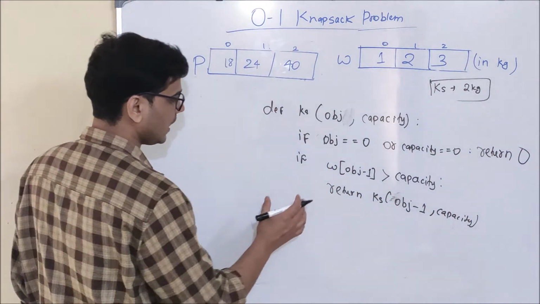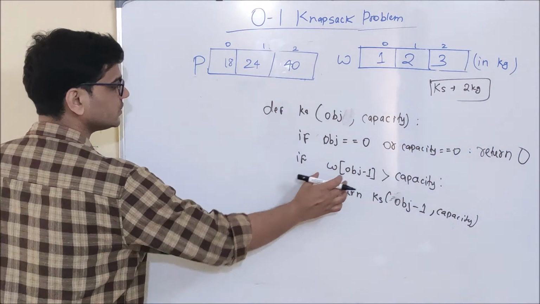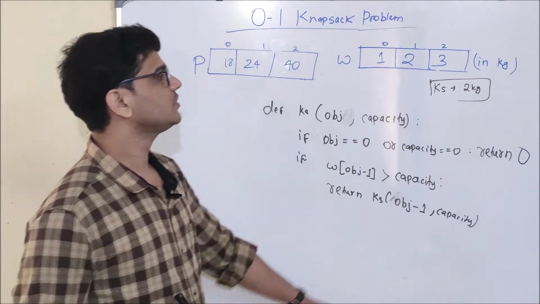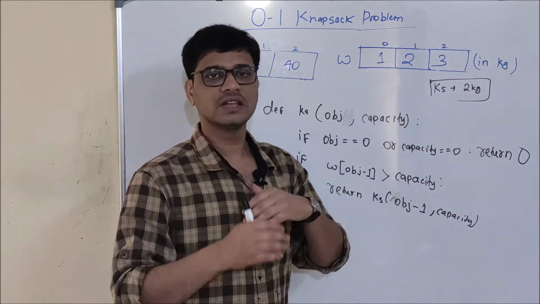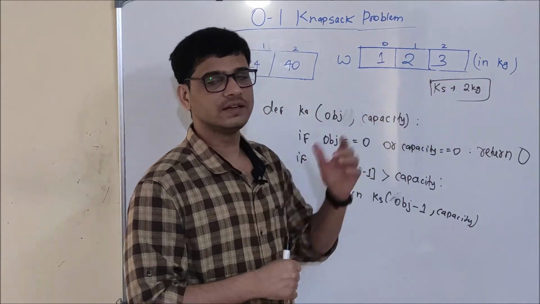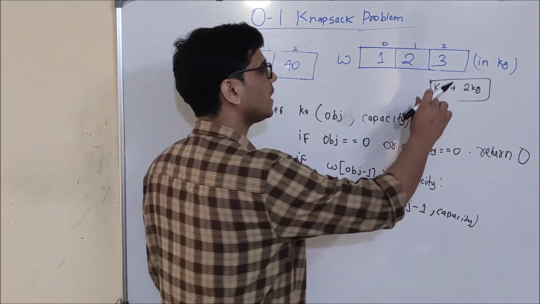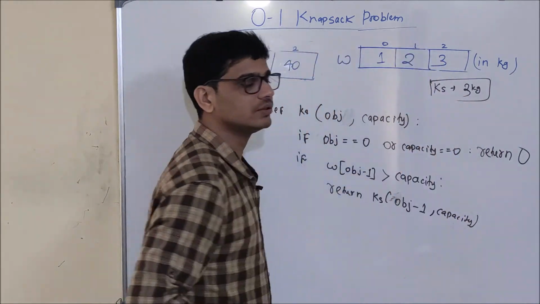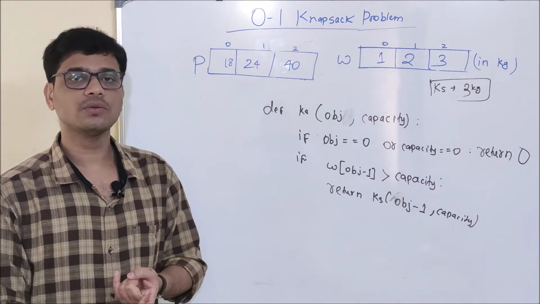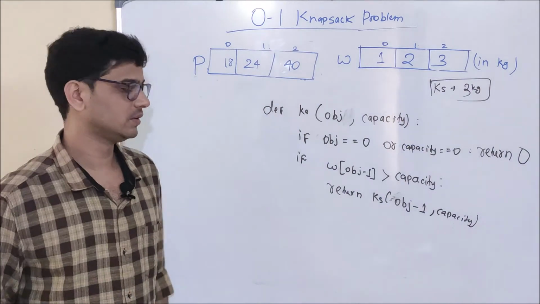Ignore this object, and on the remaining objects I am going to run knapsack again with the same capacity. Okay? And suppose this is not the case, that is my final case. Suppose the object which I am considering, that is this third object on which I am taking my decision, has a weight of 3 kg and I have a knapsack of 3 kg also. Then what can we do here? We have two options. Either we take this object or we ignore this object.